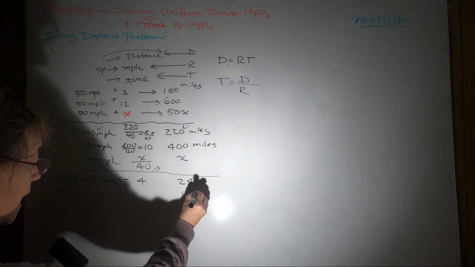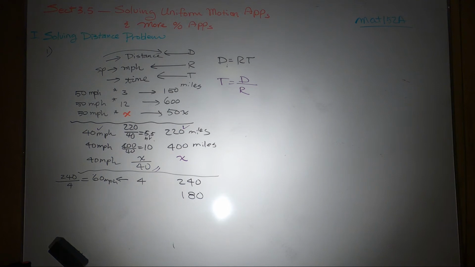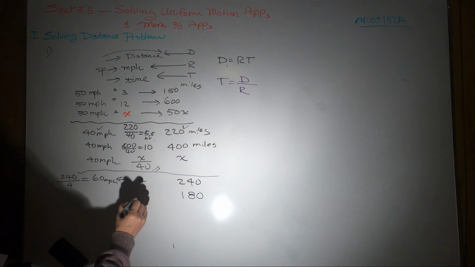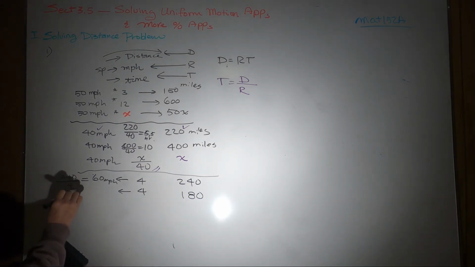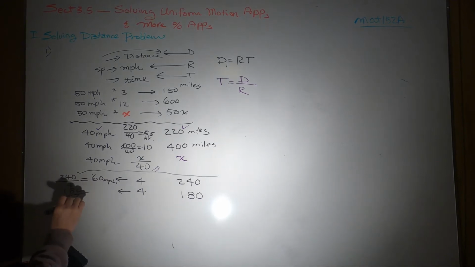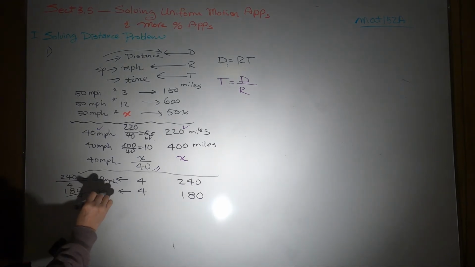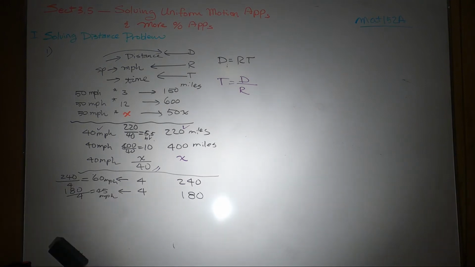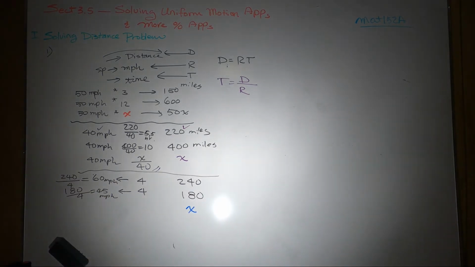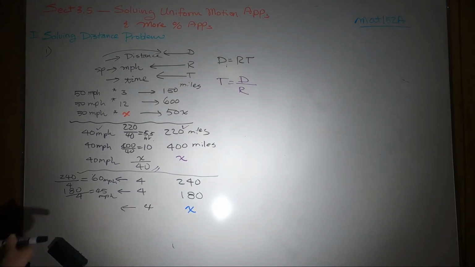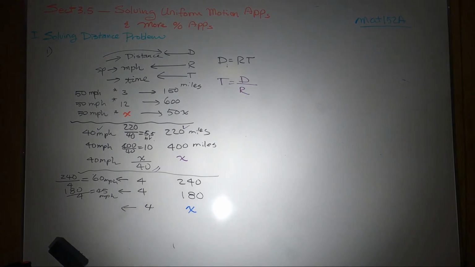Say if we drive 180 miles, still 4 hours, then what's your speed? That would be 180 divided by 4. That would be 45 miles per hour, right? Then we practice X. So if we drive X miles and it still takes us 4 hours, what's your speed?